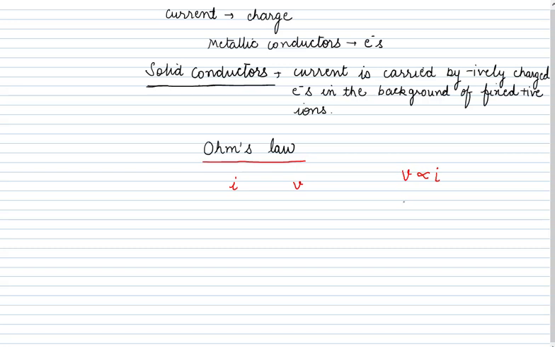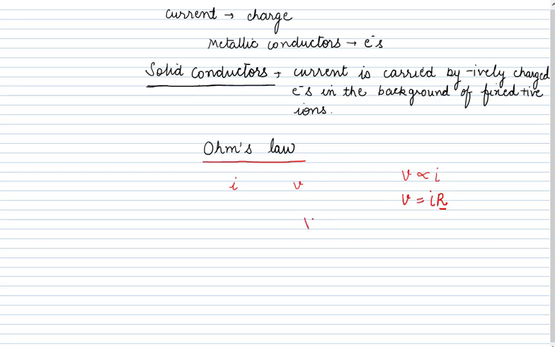Now if you want to remove this proportionality sign, then we have to put a constant. If I remove this proportionality sign and introduce a constant, say R, then V is equal to IR is Ohm's law.